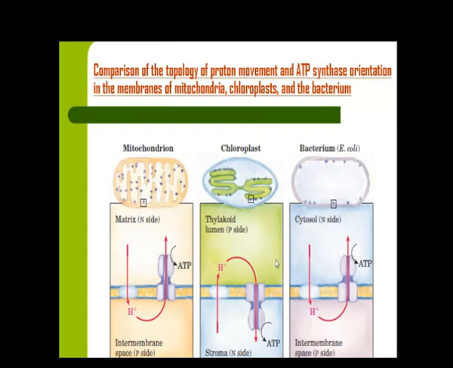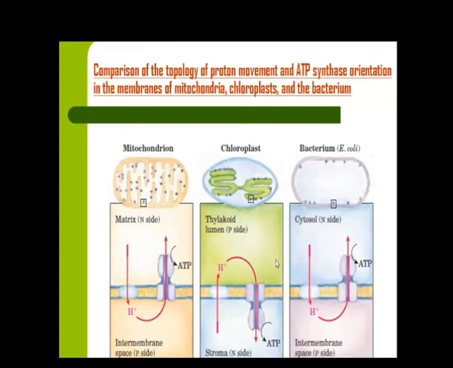Okay. This ATP synthesis occurs along with chloroplast, it occurs in mitochondria and the membrane of the bacteria. The overall process is the same: a proton gradient is generated and ATP synthase, because of this proton gradient, generates ATP.